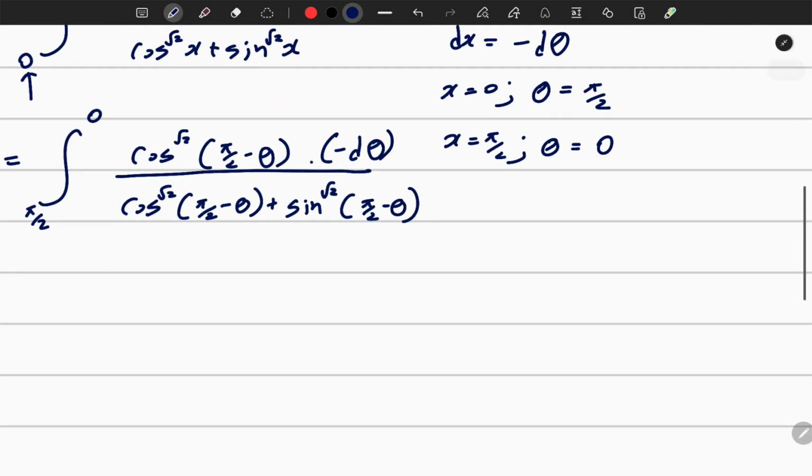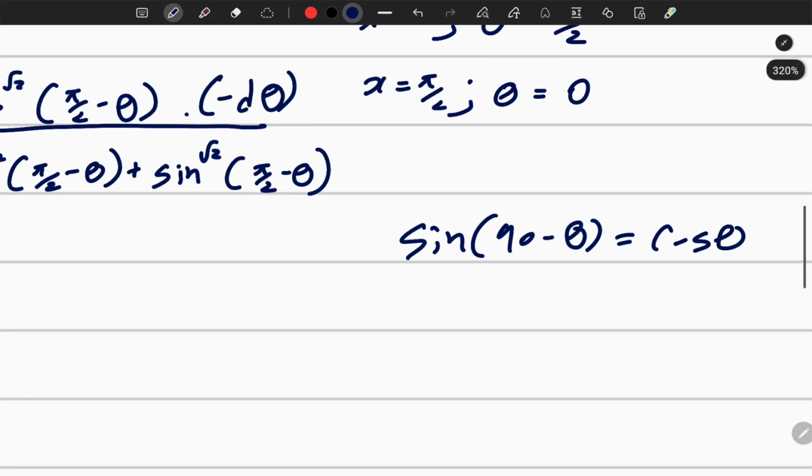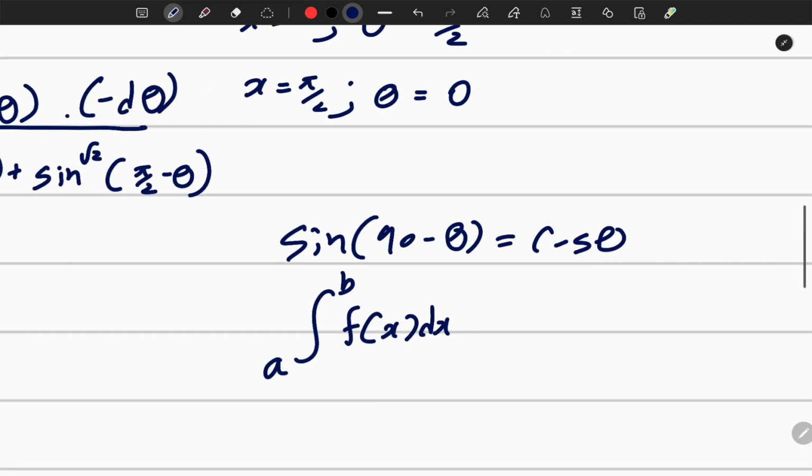I know sine of 90 minus theta is equal to cos theta. Similarly, cos of 90 minus theta becomes sine theta. And also, if there is a limit like the integral from a to b of f(x) dx, I can switch the limits, b to a, but when I switch the limits, there should be a negative sign.